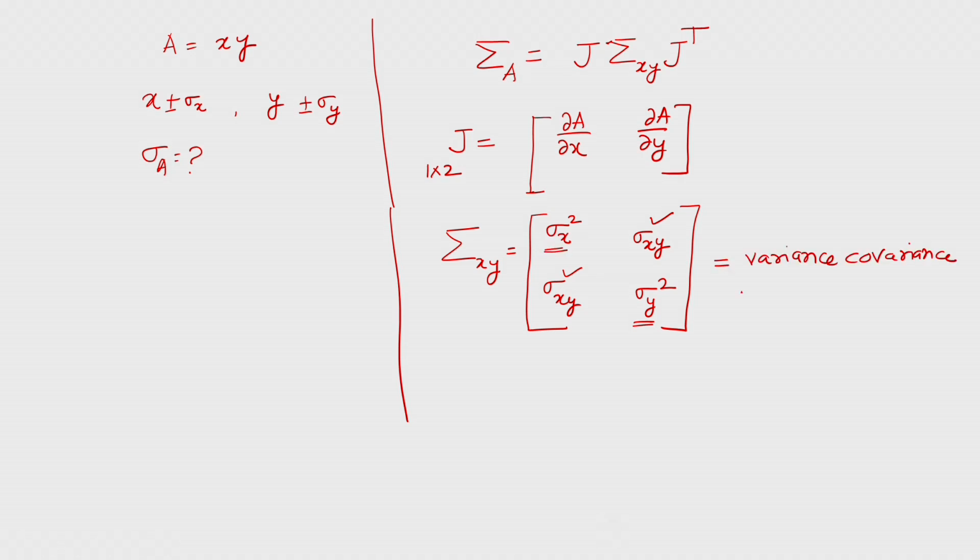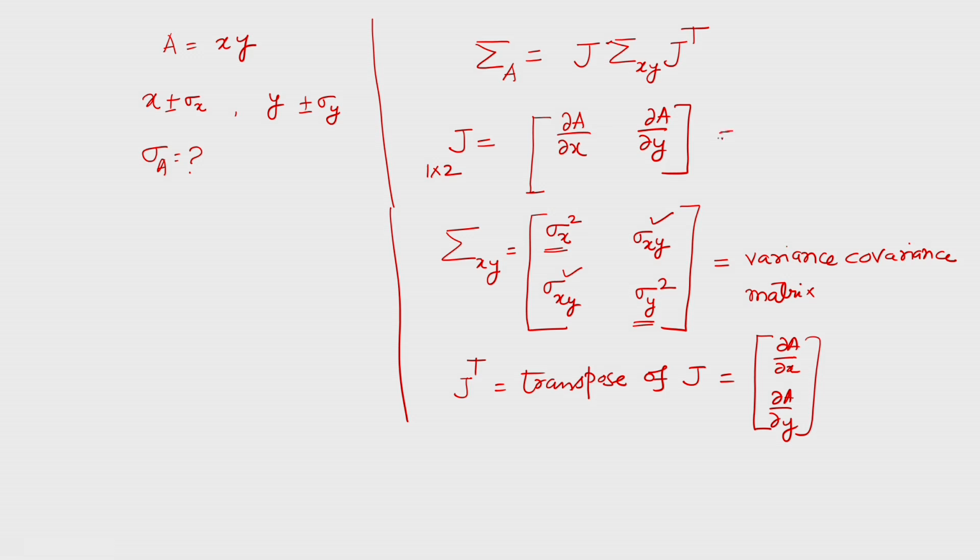So this is the variance covariance matrix, and J transpose is nothing but the transpose of J, which is nothing but dou A by dou x and dou A by dou y.